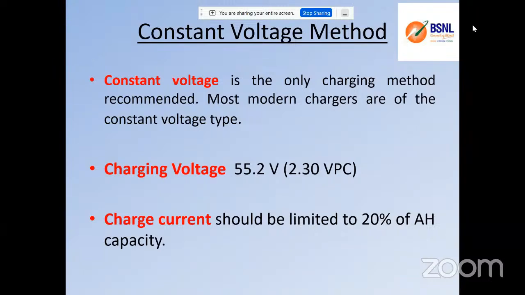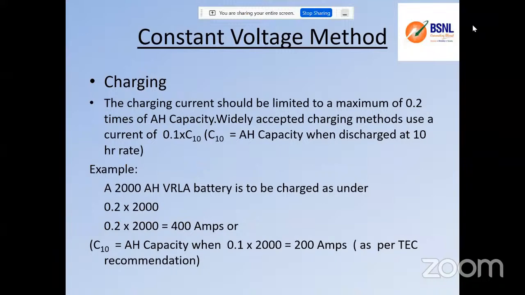But in the majority of the industry, we will never even go for 20%. We go for only 10% of the AH. This is what the example says. Here I have a maximum of 0.2, but the widely accepted charging rate is only 0.1, that is 10%.